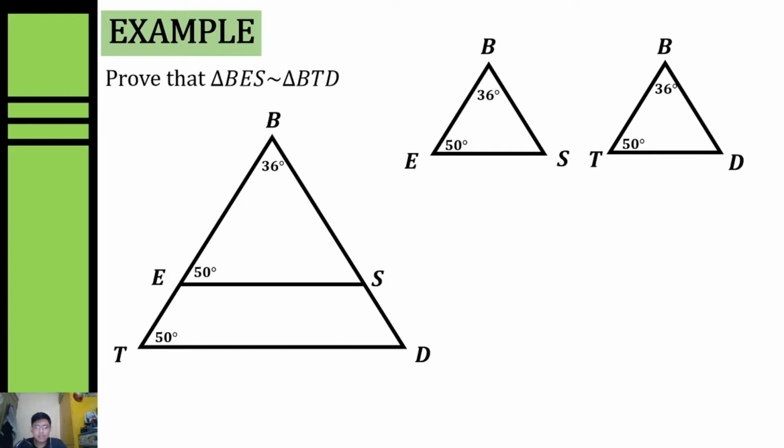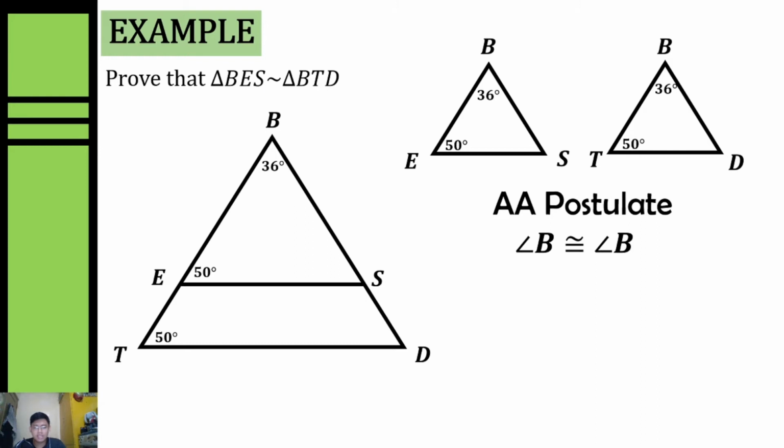Now, let's identify what postulate or theorem we are going to use. Looking at our given, we only have the two angles of each triangle, so we can use the AA postulate. Now, let's see if they have corresponding angles that are congruent.